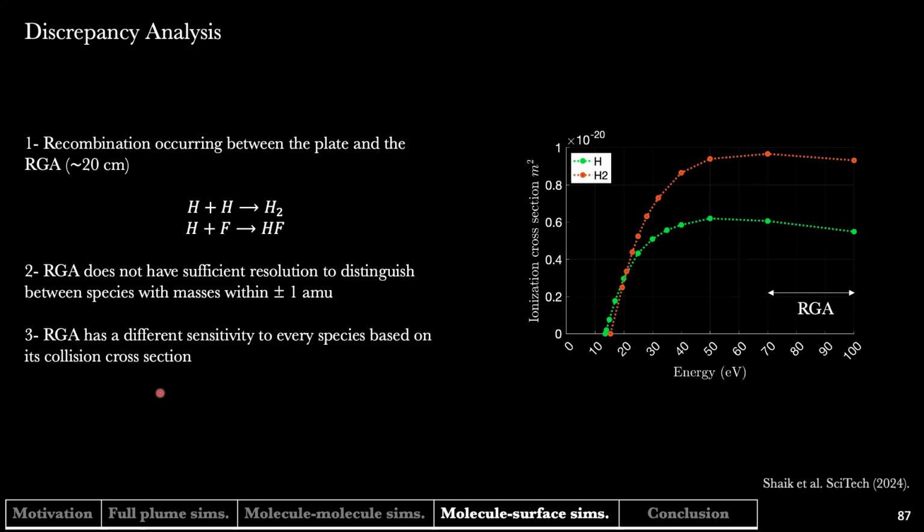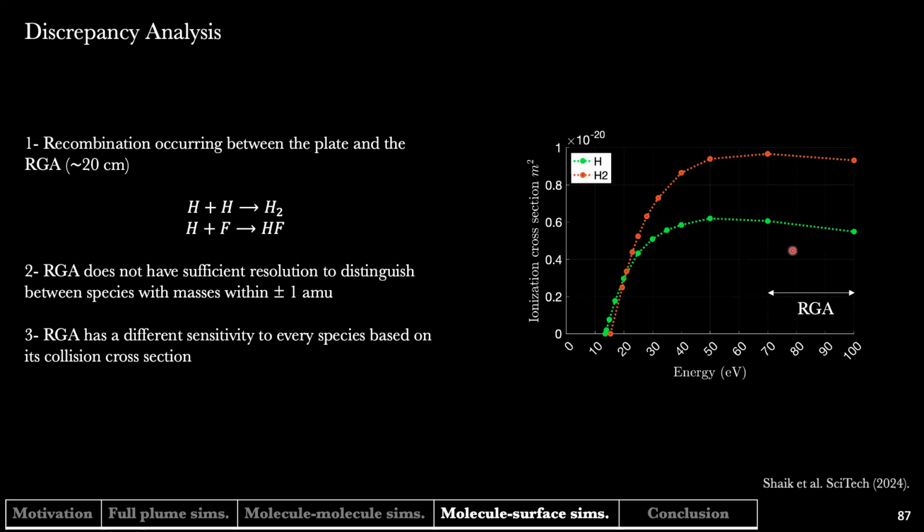And finally, the third one is that the RGA has to ionize the molecules first to be able to measure them. And the ionization depends on the collision cross-section of each molecule. And therefore, the RGA has a different sensitivity to every species.